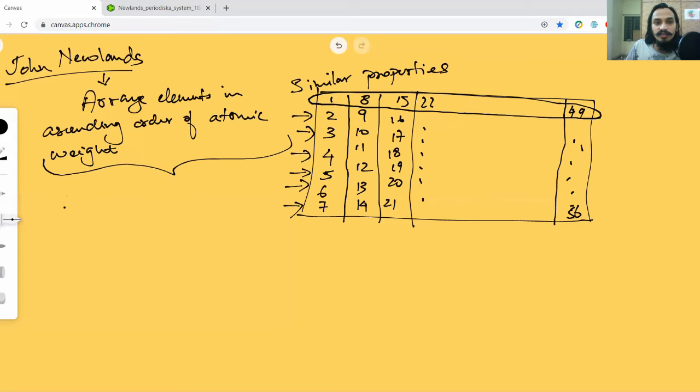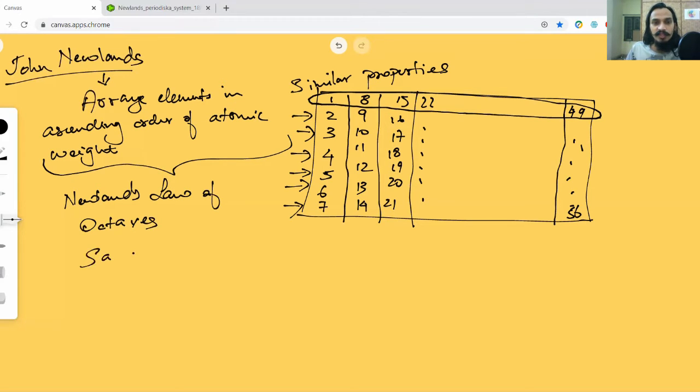So we call this Newlands' law of octaves. So why do we call it an octave? An octave is something in music. If you know music, there are certain musical notes, right?